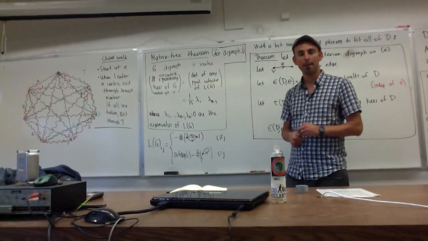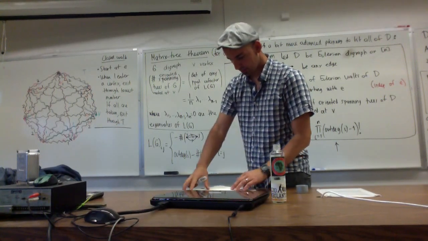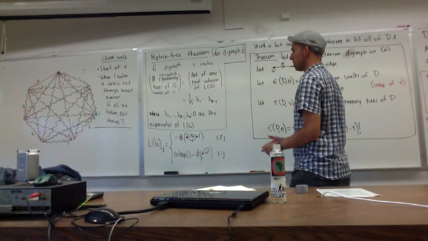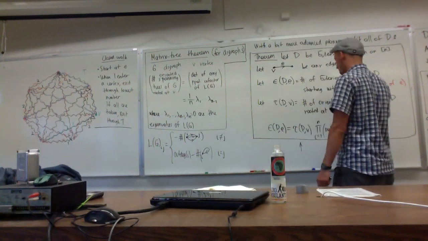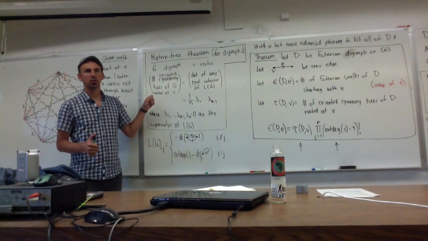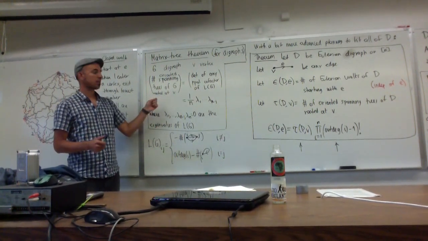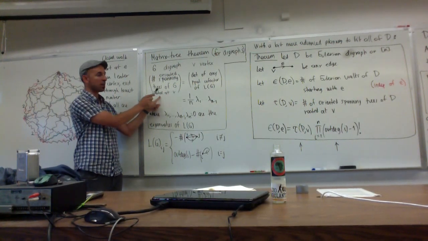Okay. And the proof is basically the same. And in particular, one thing that this shows is that this quantity, the same tau of D comma v, does not depend on v.